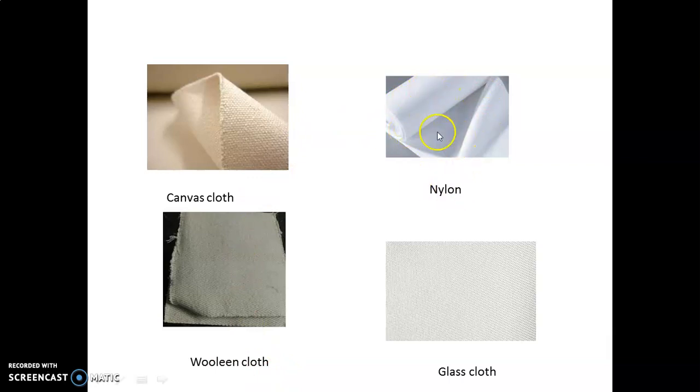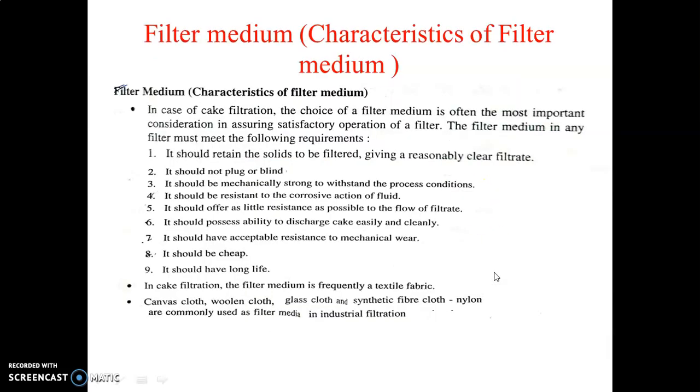Sometimes nylon may be used. So this is the photo of that nylon filter medium, and this is the glass cloth. So all these types of textiles are used as a filter medium, and these filter media should possess all these characteristics.